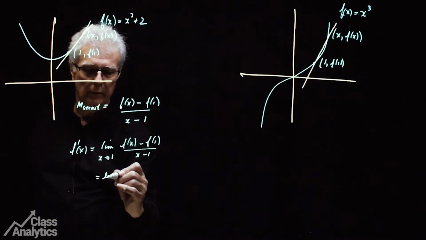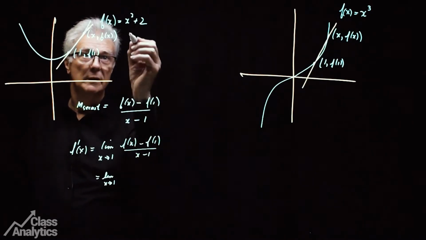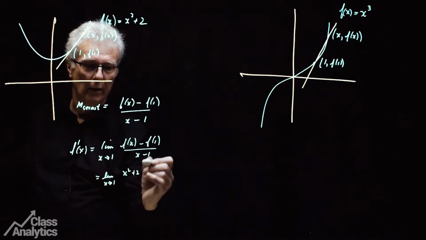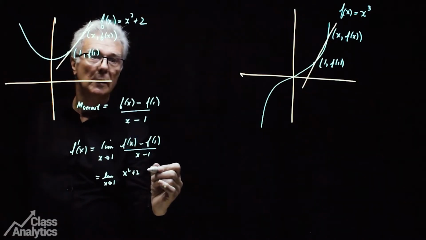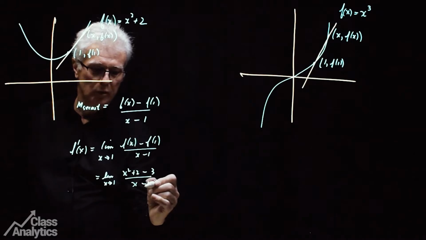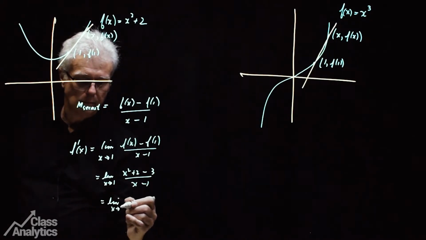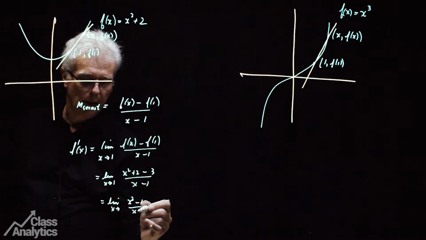Now the simple part, let's pop these things in. Function x is x squared plus 2. Function 1 plus 2 is 3, all over x minus 1. And that gives me x squared minus 1 over x minus 1.